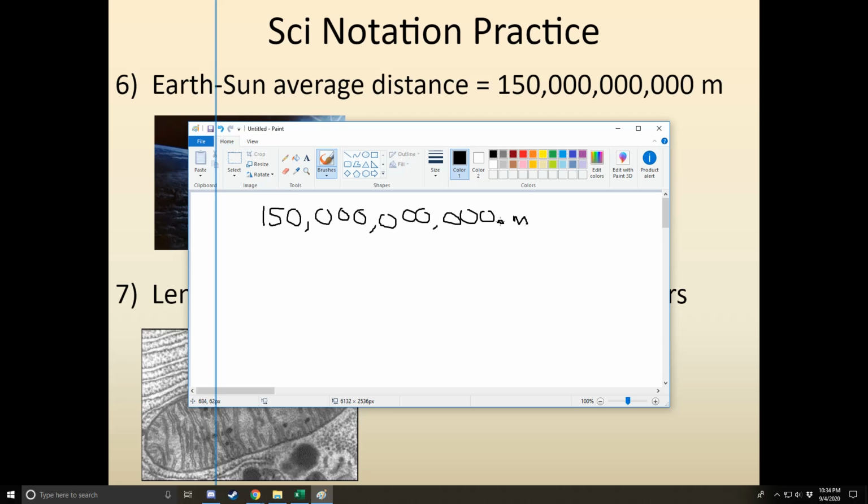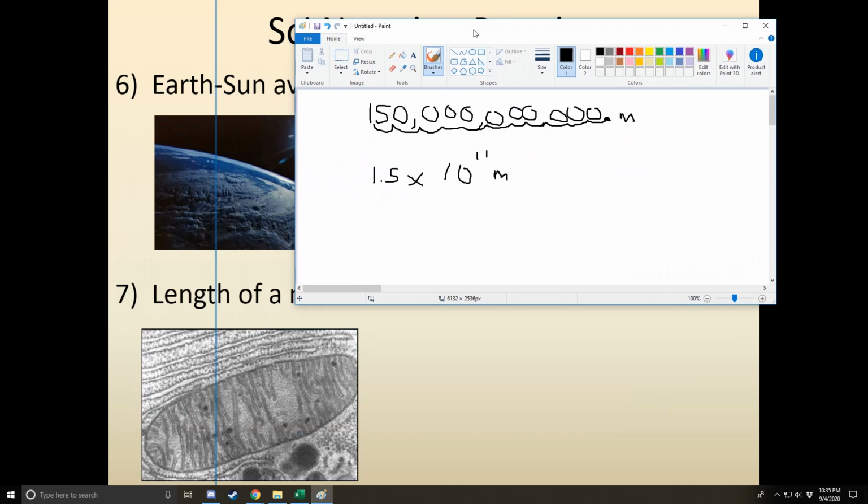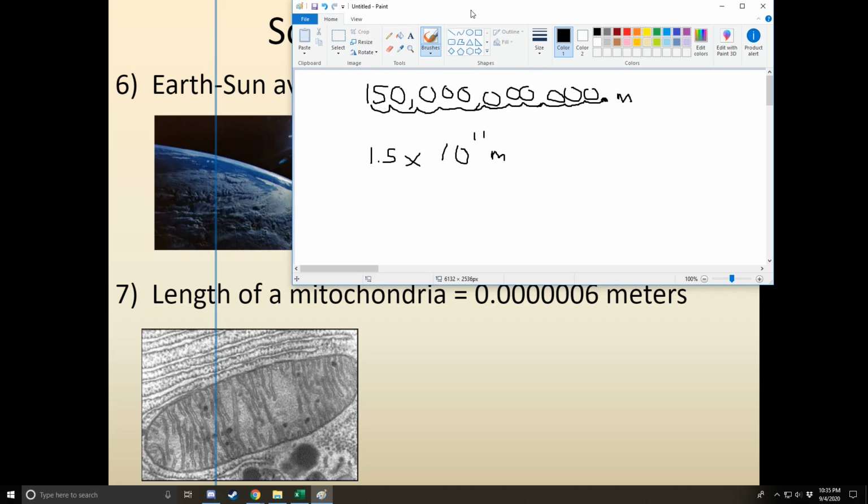So my decimal place is right here. It goes 1, 2, 3, 4, 5, 6, 7, 8, 9, 10, 11. So my number would be 1.5 times 10 to the 11th. Typically, you always want to write the number so that the decimal is right after your first number.